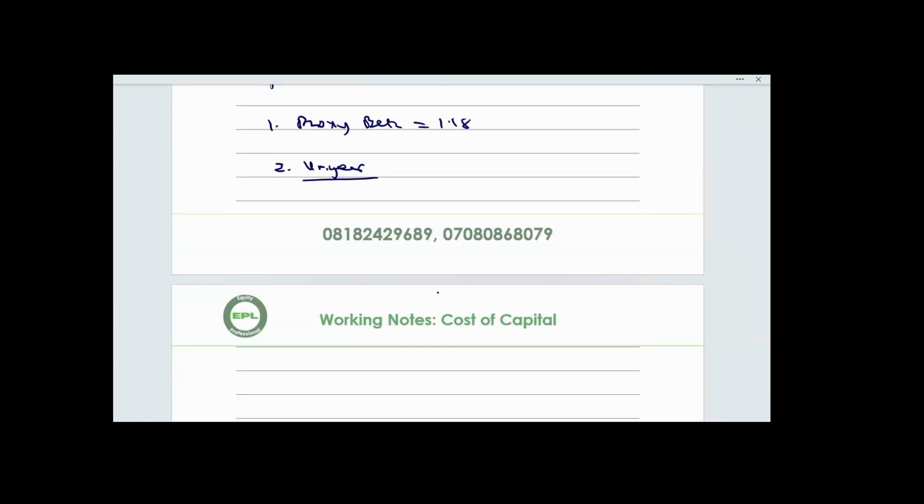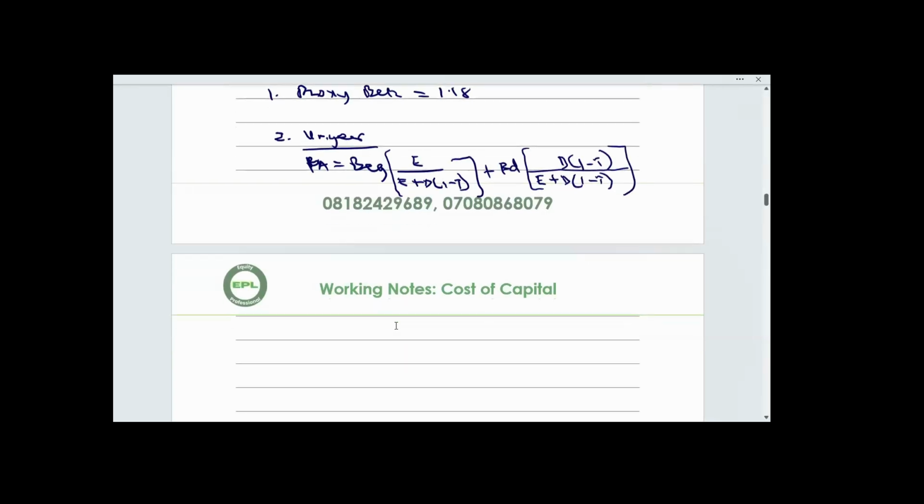The extended formula is beta assets equal to beta equity of ungeared multiplied by equity value divided by equity plus debt, 1 minus tax, plus debt beta multiplied by debt value multiplied by 1 minus tax, divided by equity value plus debt value, 1 minus tax. That's the formula we are going to use because you have been given debt beta to be 0.3.